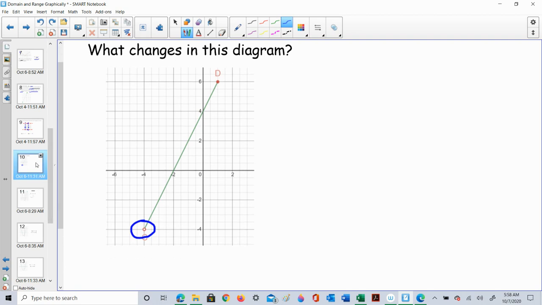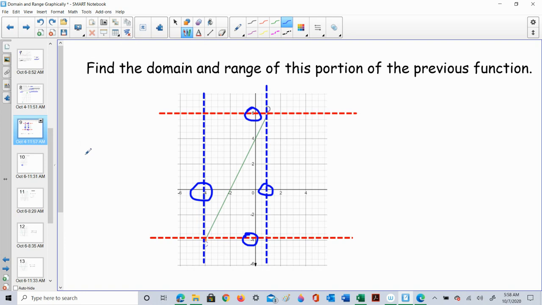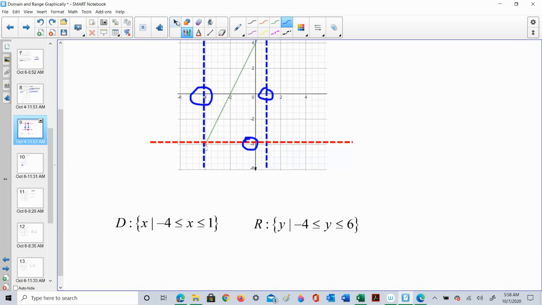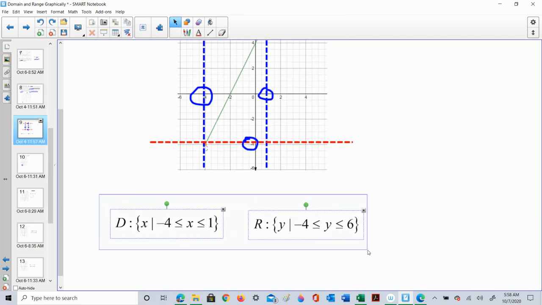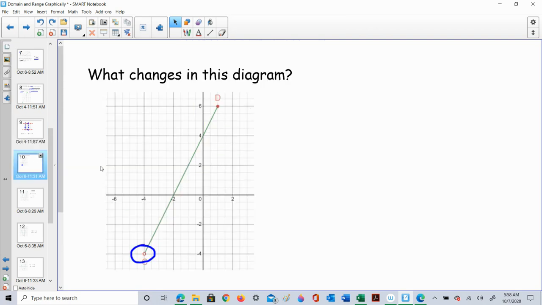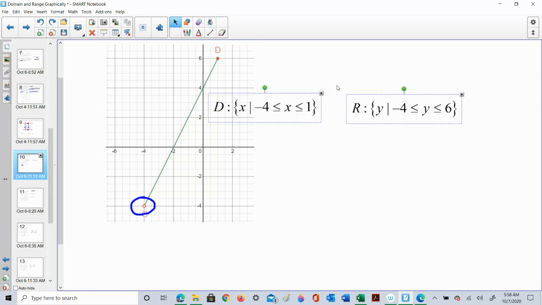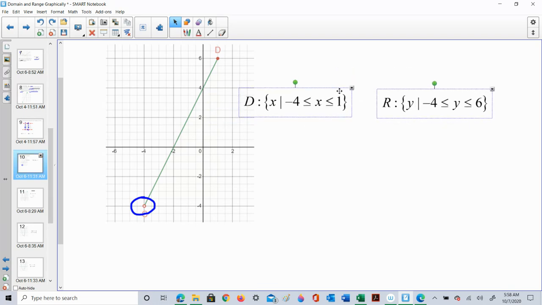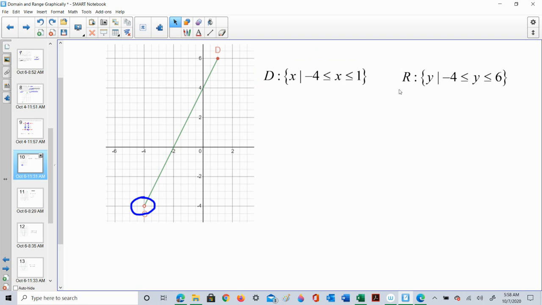I'll copy it right now. Copy, paste. All right, so how does that change things?